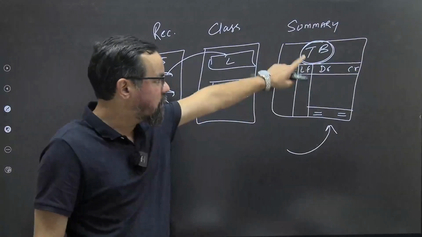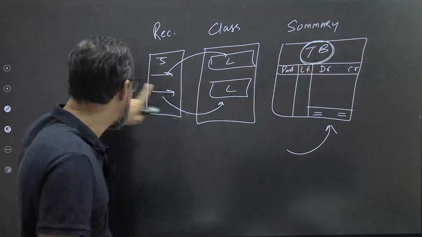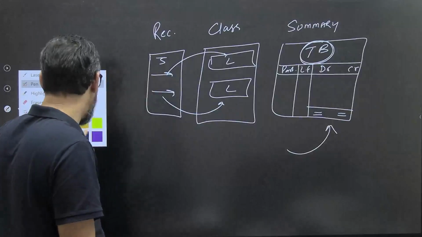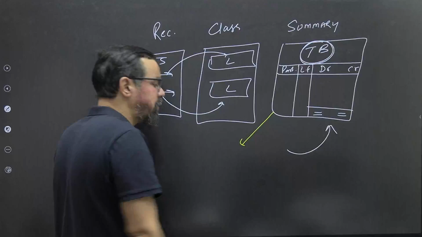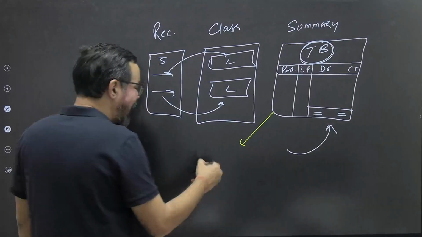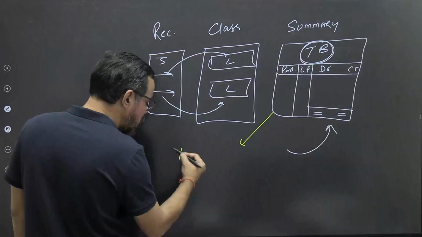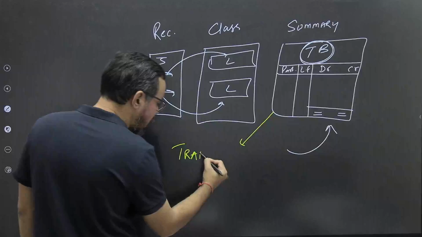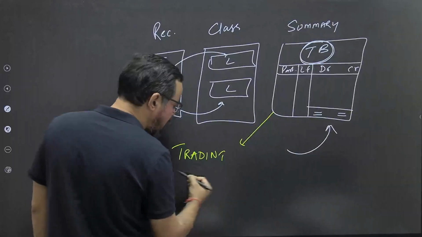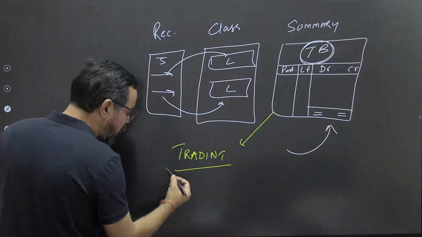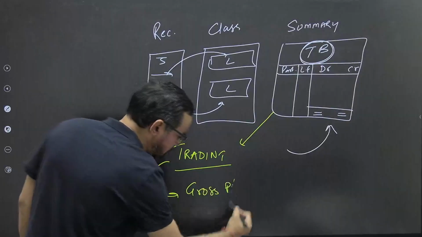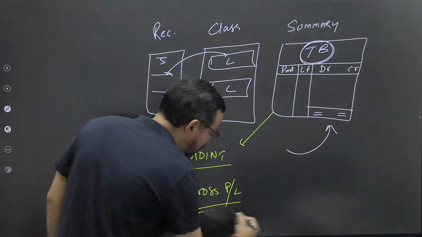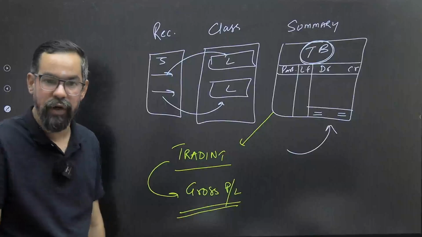Now with the help of the trial balance, we start the journey to prepare the profit and loss account. And to prepare the profit and loss account, first we need to prepare the trading account. With the help of the trading account, we will get to know the gross profit or loss.